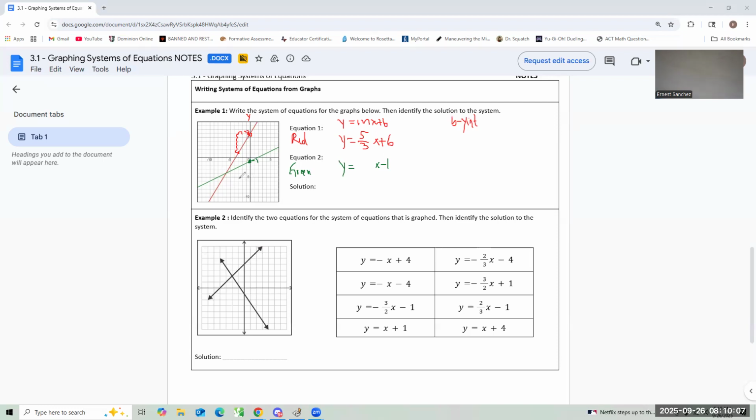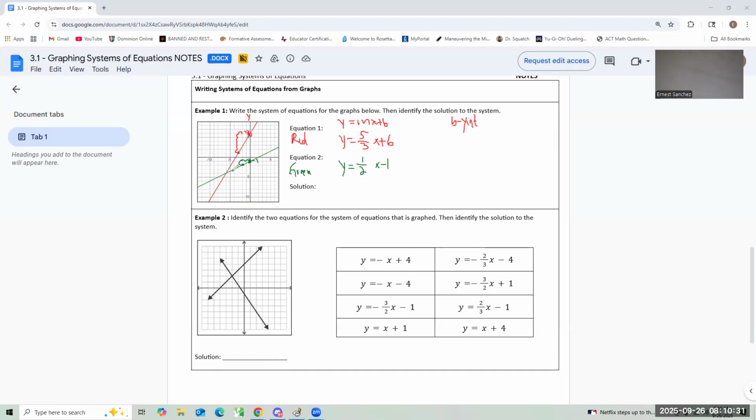Let's see, we want an intersection. There's an intersection really close right here. So we just go up 1 and over 1, 2. So 1/2. So 1/2 x minus 1.